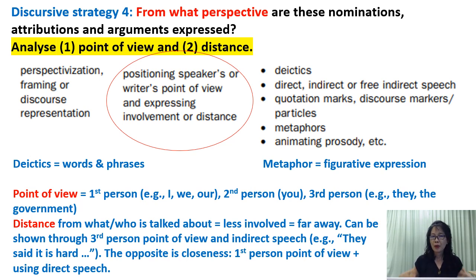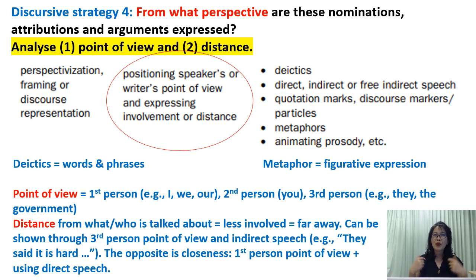Okay, so basically I would analyze the point of view. First person perspective, reflected through the use of I, we, and so on. Or third person perspective, they. This is when people analyze us versus them, the insider versus outsider, and there is a phenomenon called the othering of the other group. Okay, so that is the point of view.